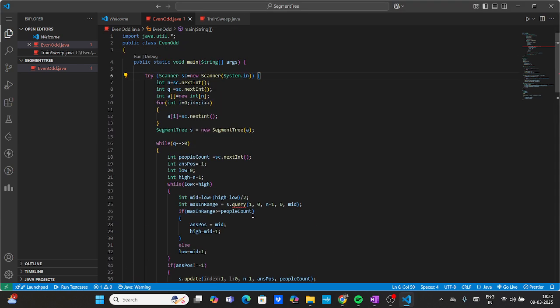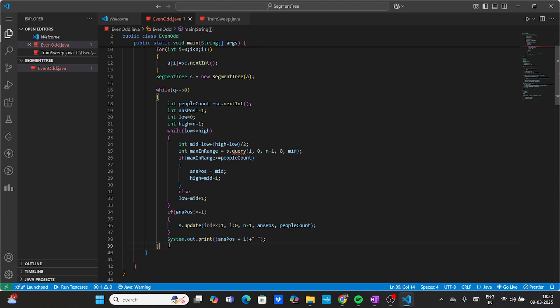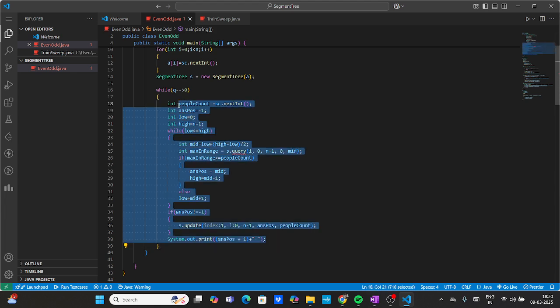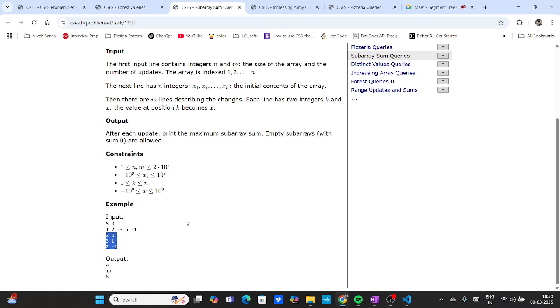NQ done, A done, segment tree done, this while loop, let's remove this while loop. Okay, so what they said is they will give you two integers. The value at position K becomes X. Now can you see this is one-based indexing? I mean, this is 2, meaning our index is 1.